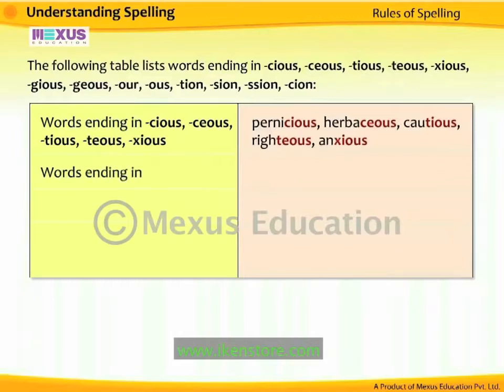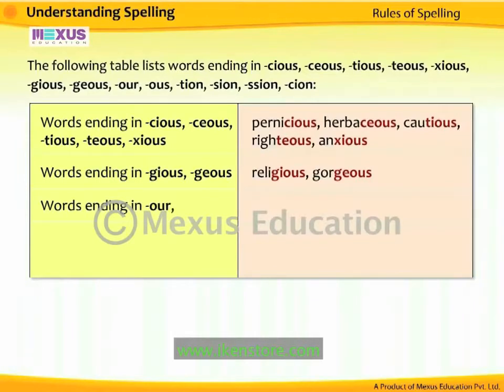Words ending in GIOUS, GEOUS are religious, gorgeous. Words ending in OUR, OUS are glamour, synonymous.